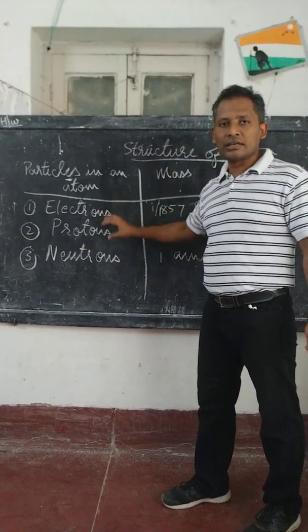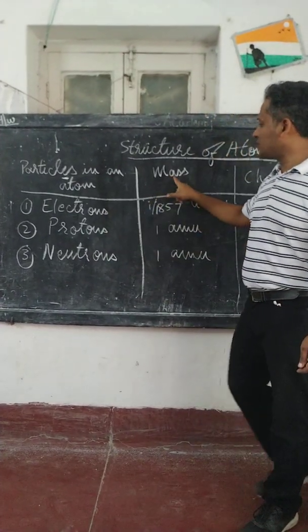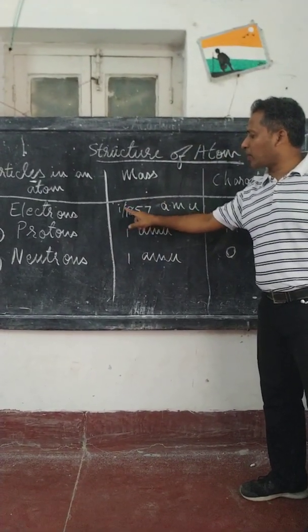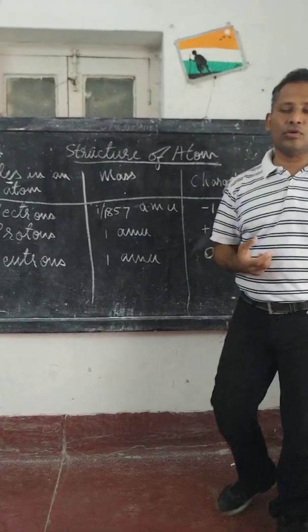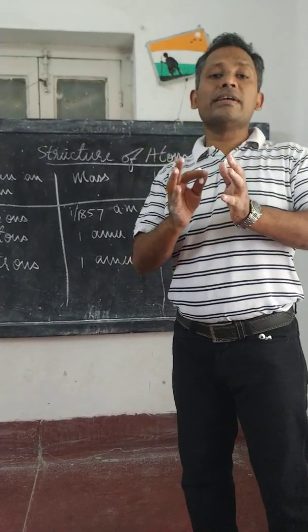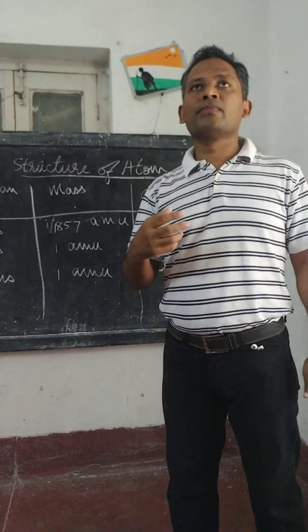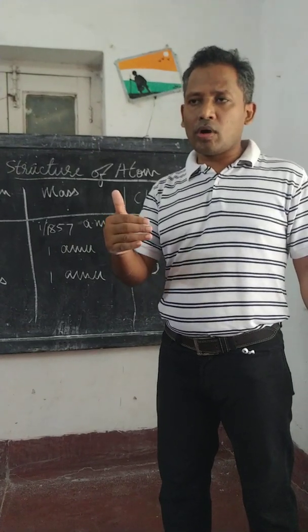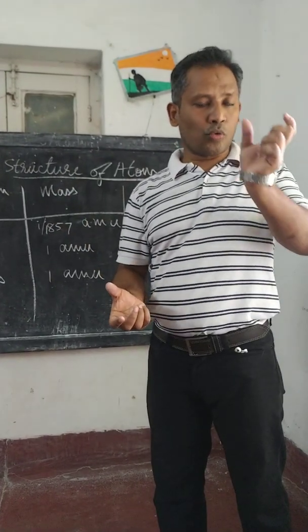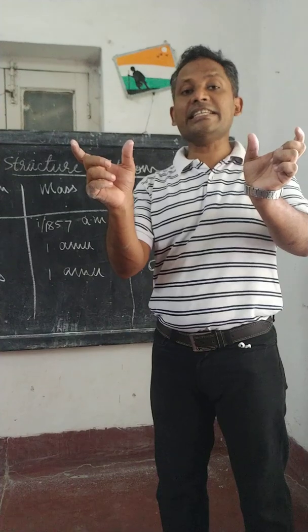Now electrons are particles which have a mass of 1 by 1857 AMU. Now what is AMU? AMU is a unit of mass. For example, when you go to the vegetable vendor, when you buy potatoes, you ask for 1 kg of potatoes. So 1 is a number and kg is a unit.